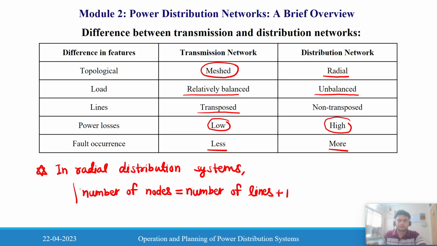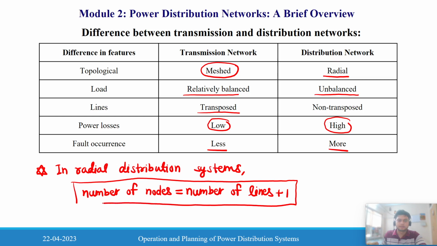The number of nodes will always be greater than the number of lines because it requires two nodes to form a single line. So the number of nodes is equal to the number of lines plus 1.